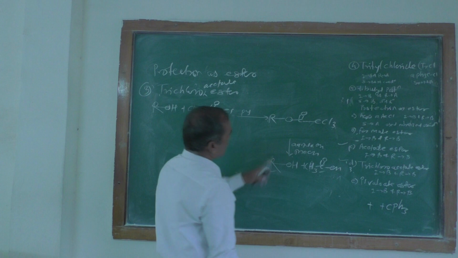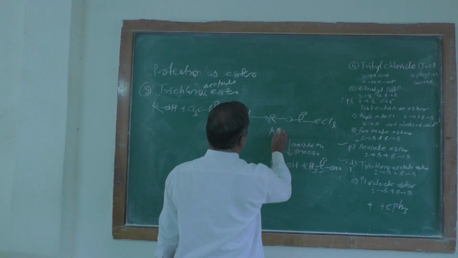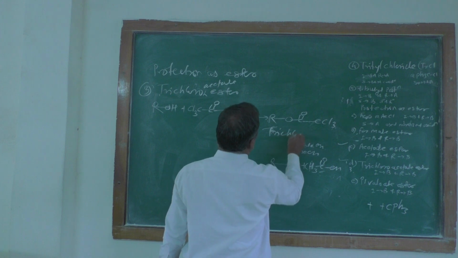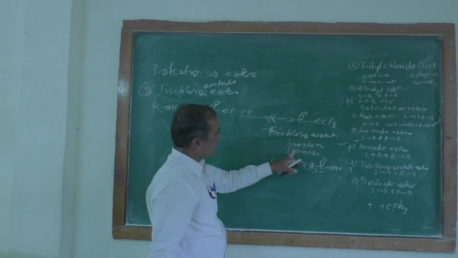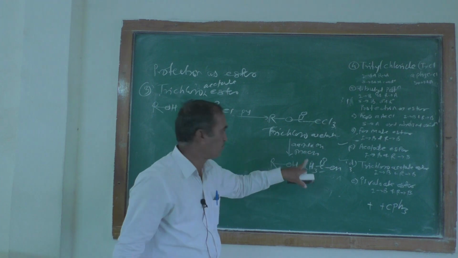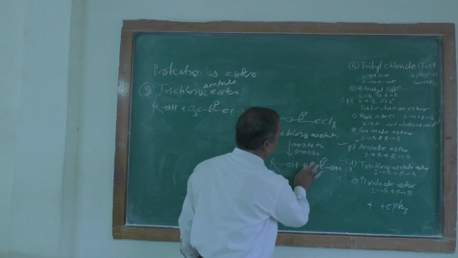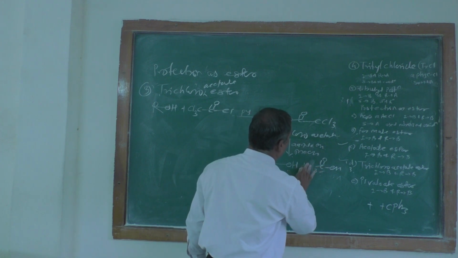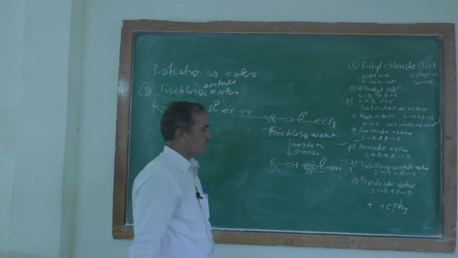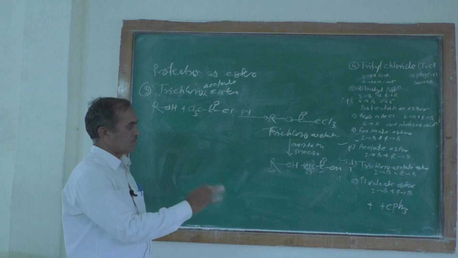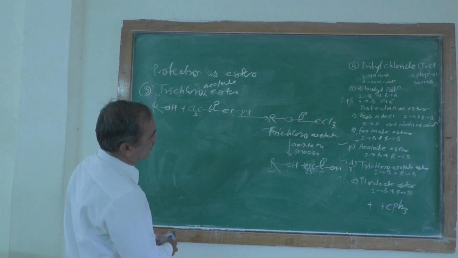So this is a trichloroacetate ester, further treated with aqueous sodium hydroxide and methanol. What do you get here? Again ROH, and instead of hydrogen there will be Cl3C, that is trichloroacetic acid, a side product obtained there. So now let us move on.